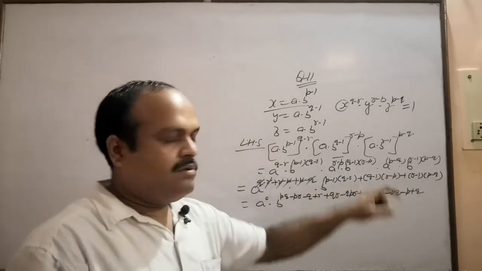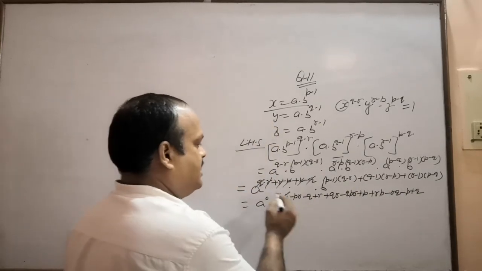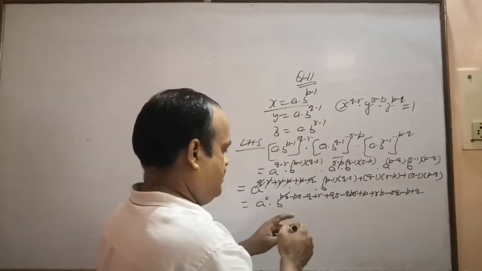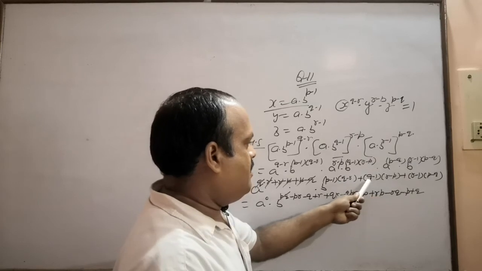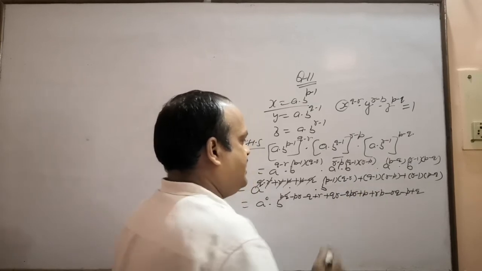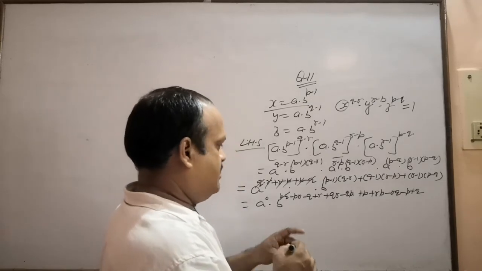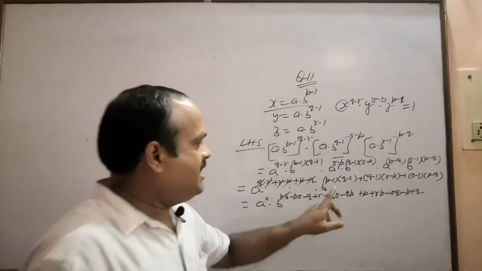Let us see what we can cancel out. Plus PQ. Here I think something is wrong. QR minus QP. Something is wrong here. Let me check.